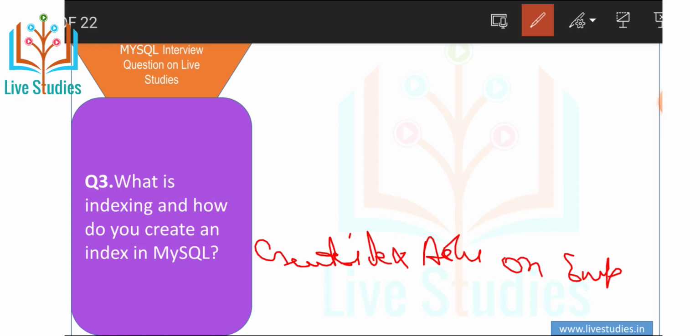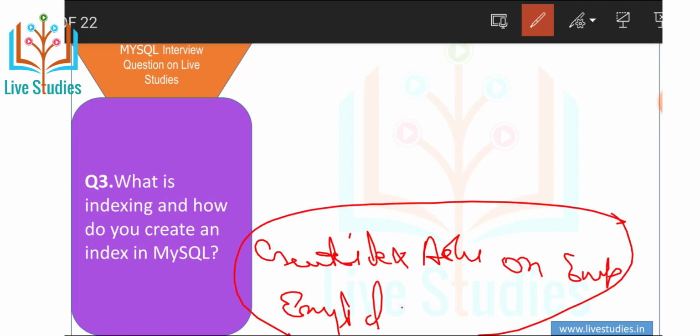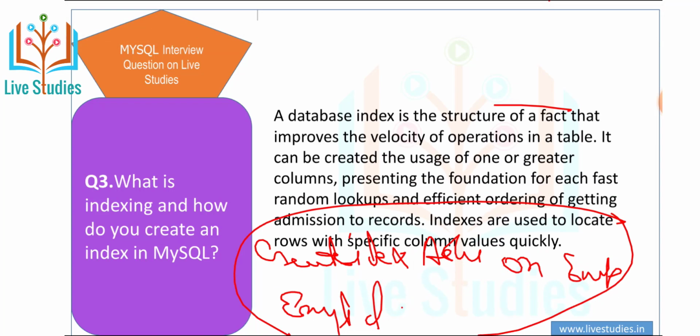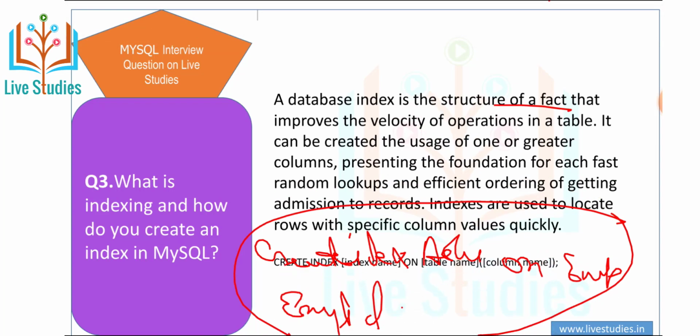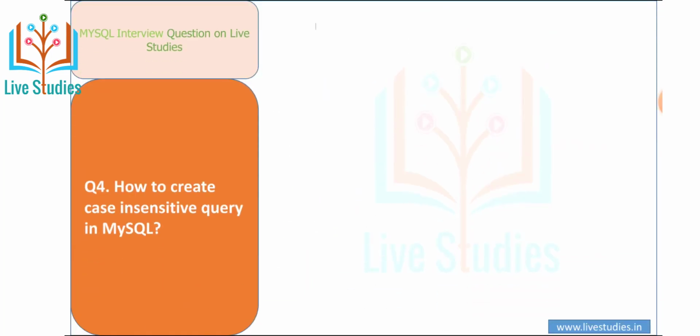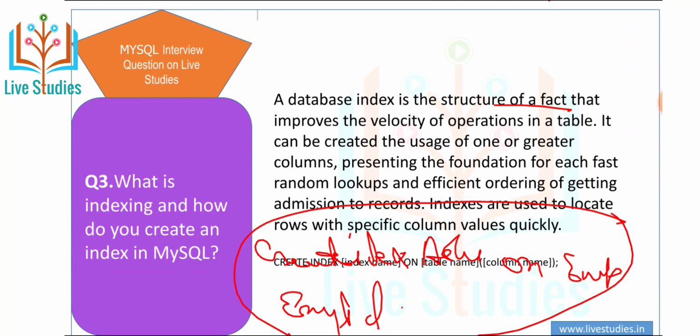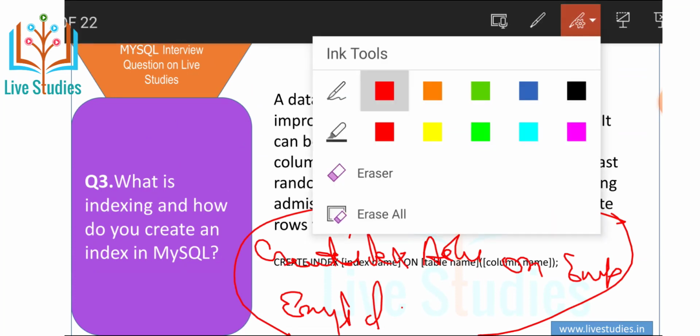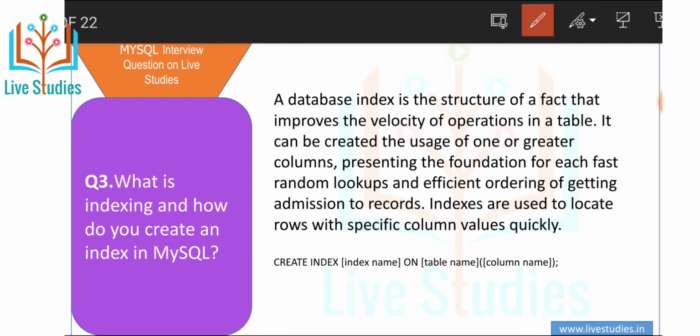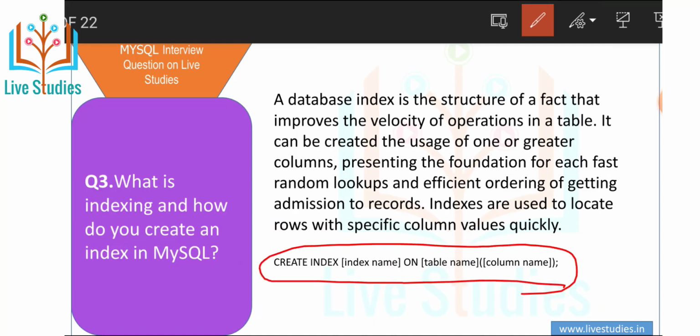The table name is emp and the column name is employee ID. That's it. Okay.